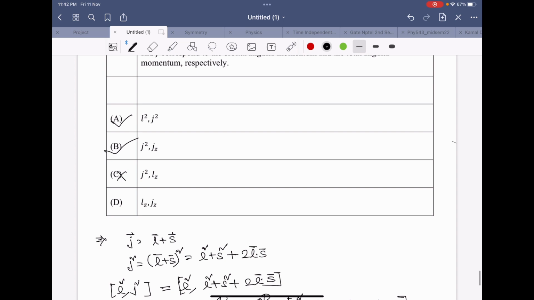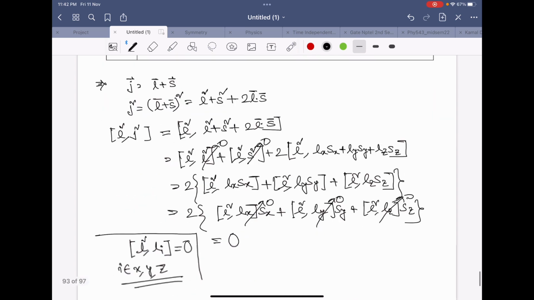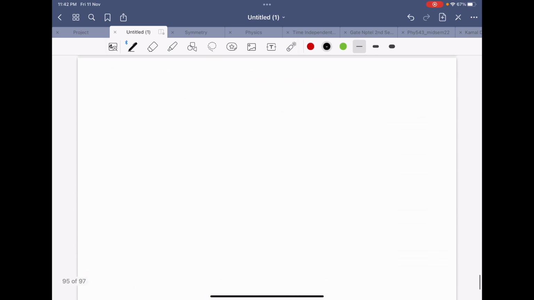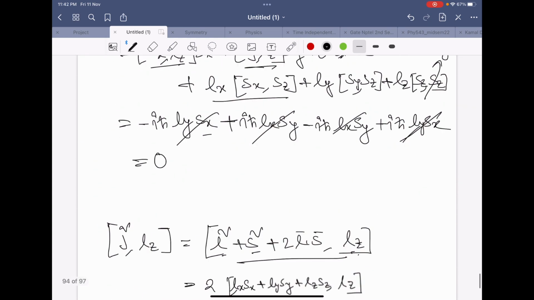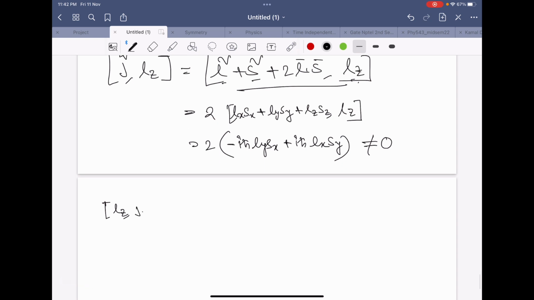So these two do not commute, and we are left with option D. In option D we have to find the commutator of Lz with Jz. Jz can be written as Lz plus Sz.